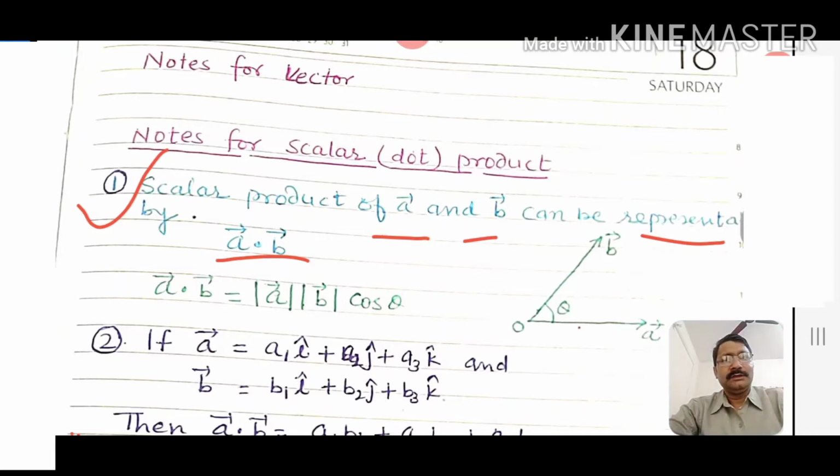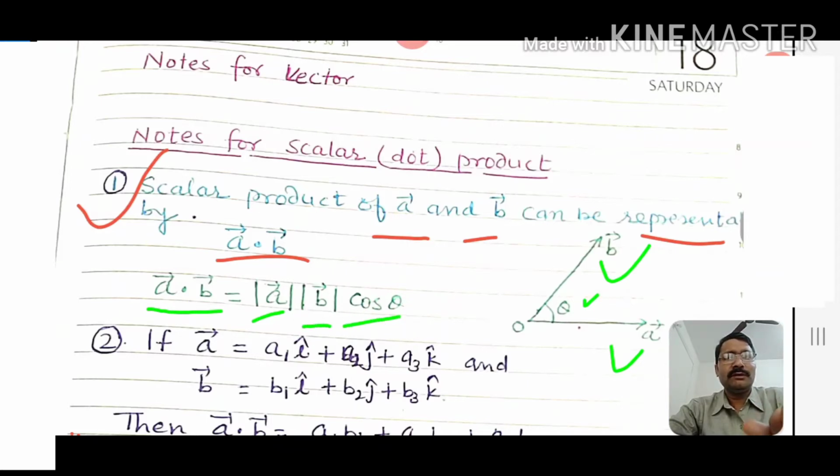Look here, if A vector is given to you and B vector is given, and the angle between A vector and B vector is given as theta, then we can find A dot B equal to modulus A vector, modulus B vector, and cos theta.